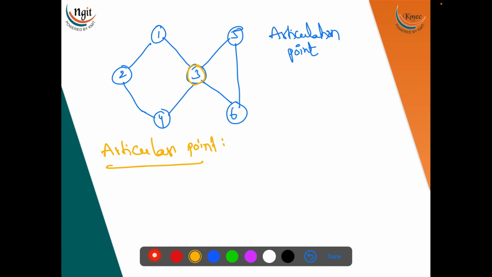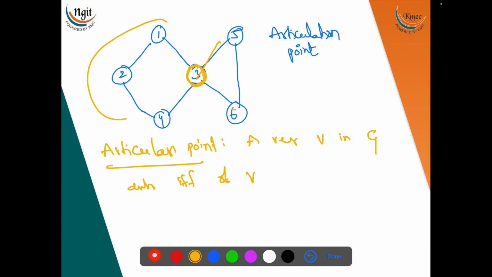Now, what is an articulation point? A vertex V in a connected graph G is an articulation point if and only if the deletion of the vertex V together with all edges incident to V disconnects the graph. So if I delete this vertex, then I cannot find the edge from 5 to 1 or 6 to 4 or any of the vertices from this side.